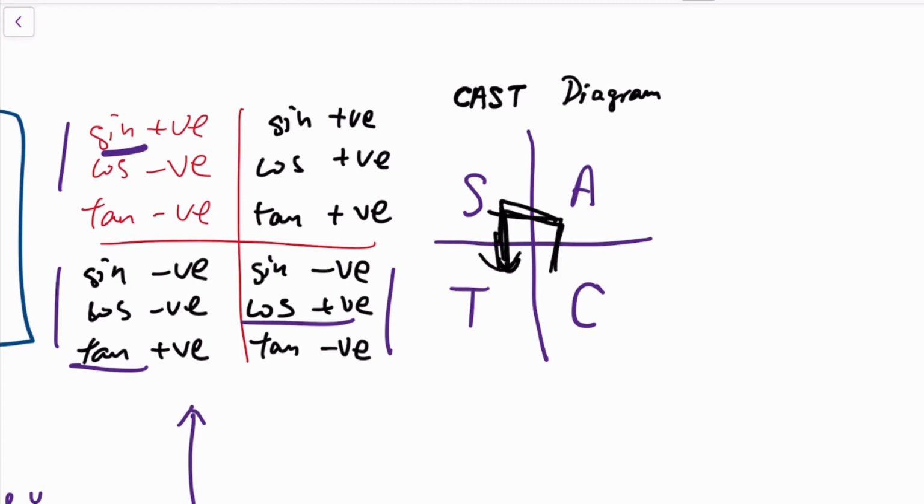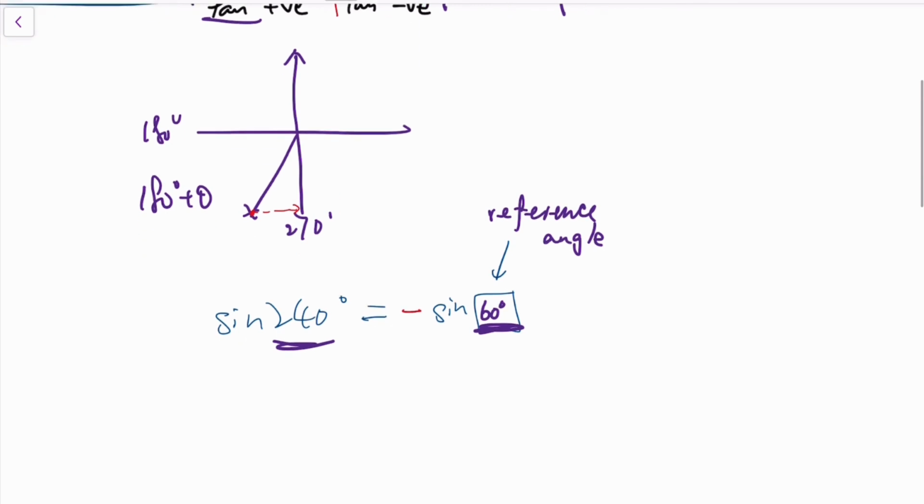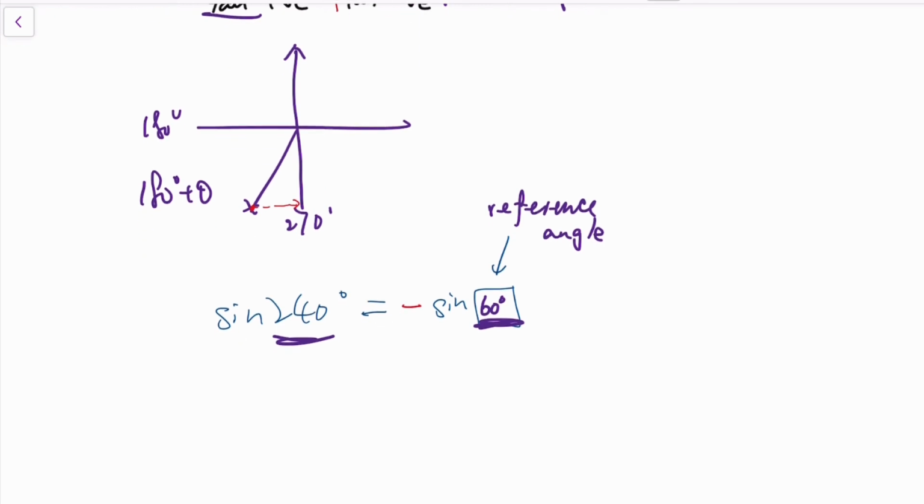But that's what people commonly call this. So I'll also just use this name, okay? So you can also use the cast diagram. Remember, the cast diagram is simply telling you which ratio is positive in each of the regions. And so the other two ratios will be negative in that region, okay? And that's basically it, okay?